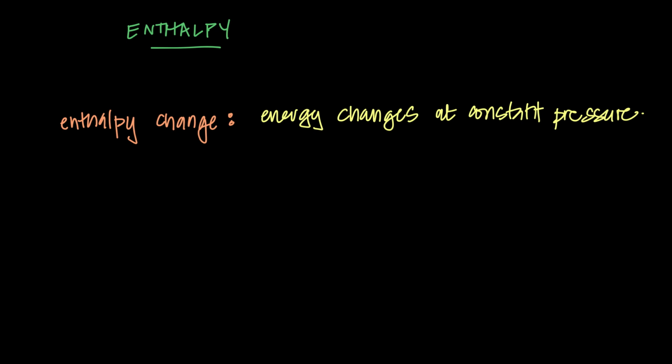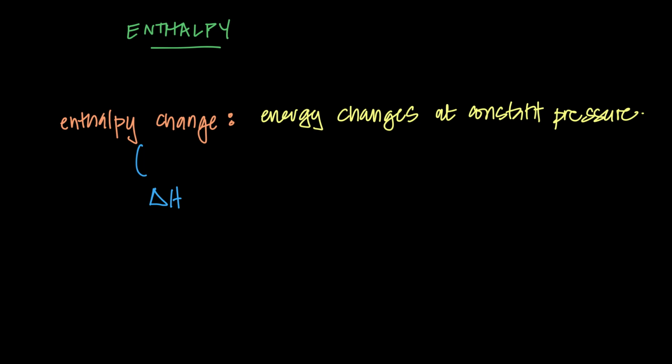So we will not be using the word energy change as much as enthalpy change. We use the symbol delta for change and H for enthalpy. You have seen delta H in O levels and IGCSE, and we call that enthalpy change. Any change occurring at constant pressure.